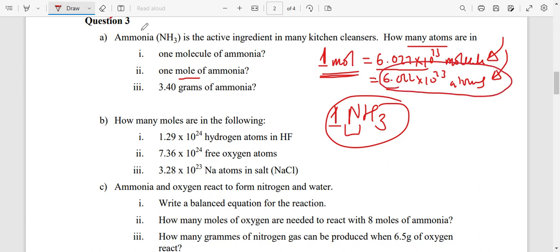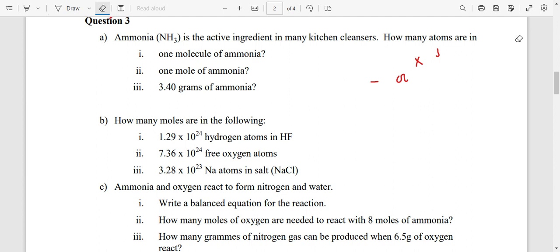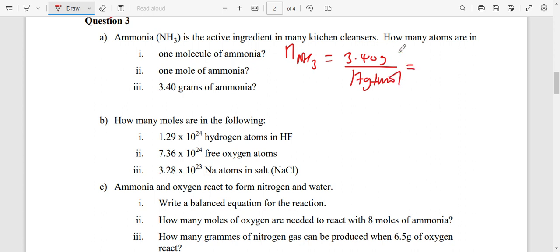And then for part 3, 3.4 grams of ammonia. The first thing you need to determine is the number of moles of ammonia, that is mass, 3.40 grams, divided by the molar mass. I've got 3 hydrogens. Nitrogen has a molar mass of 14. 14 plus 3 is 17 grams per mole. So this is going to give us 3.4 divided by 17, and that is 0.2 moles.